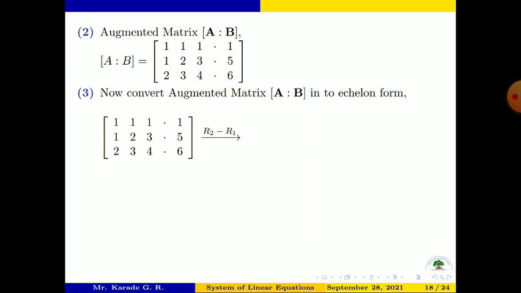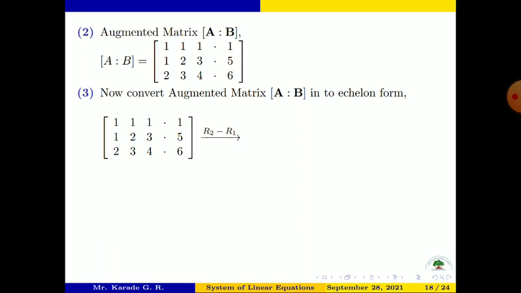For that we perform this operation R2 minus R1, and after that we make A31 element, the first element in the third row, means 2, 0 by using the leading one at the position 1 1.